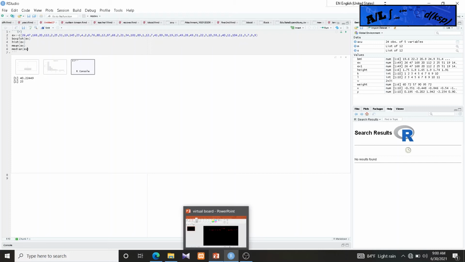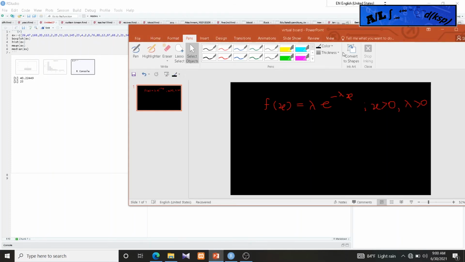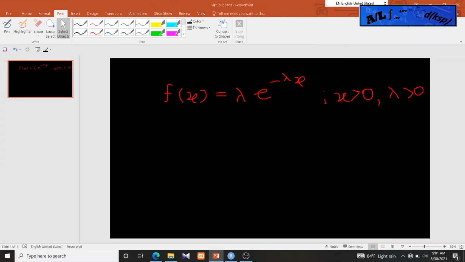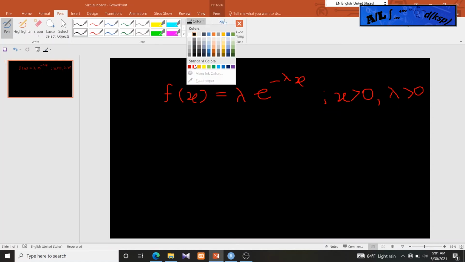I didn't show you one more thing. With calculation, we can even find this lambda. Let me show you how we can do it. You know the integral of this probability density function. I'll talk about that in my theoretical part. Don't panic. Let me pick a color.